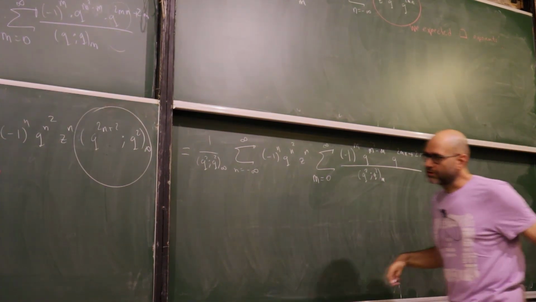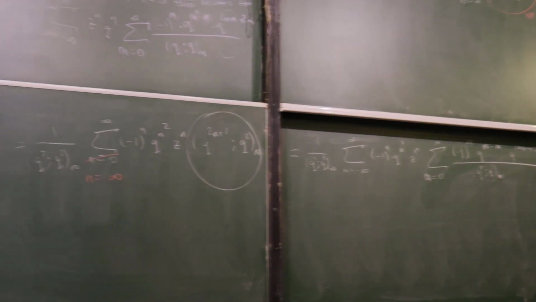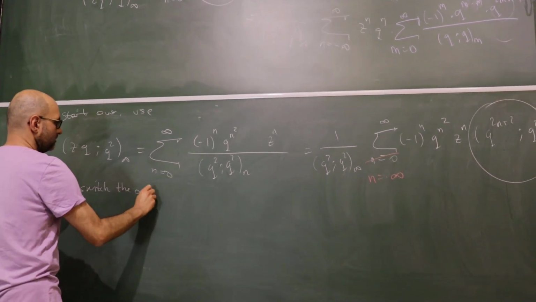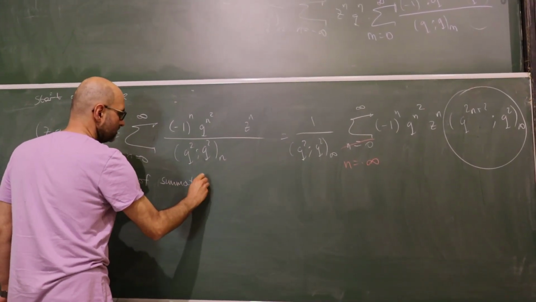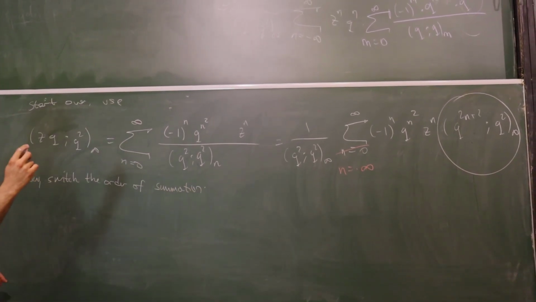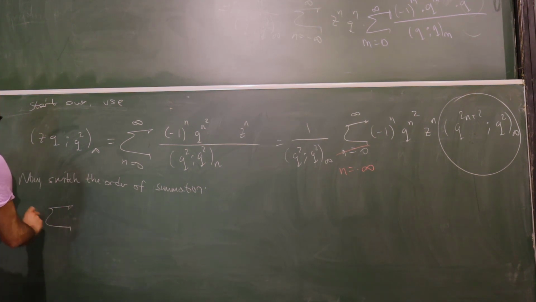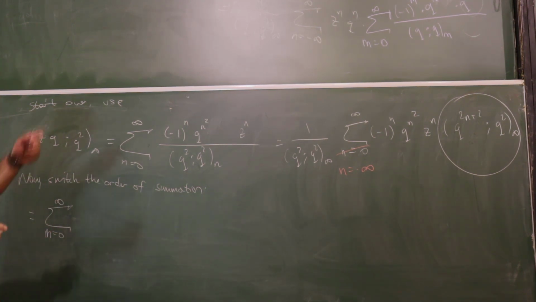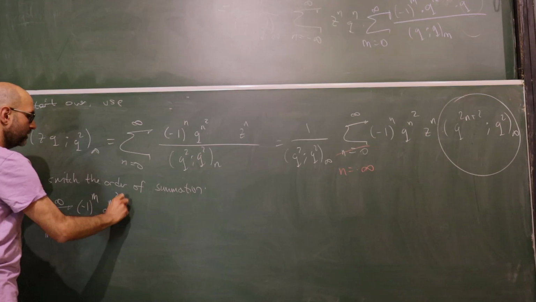Now switch the order of summation. The outer sum is a unilateral sum from m equals 0 to infinity this time, minus 1 to m, q to m squared minus m.